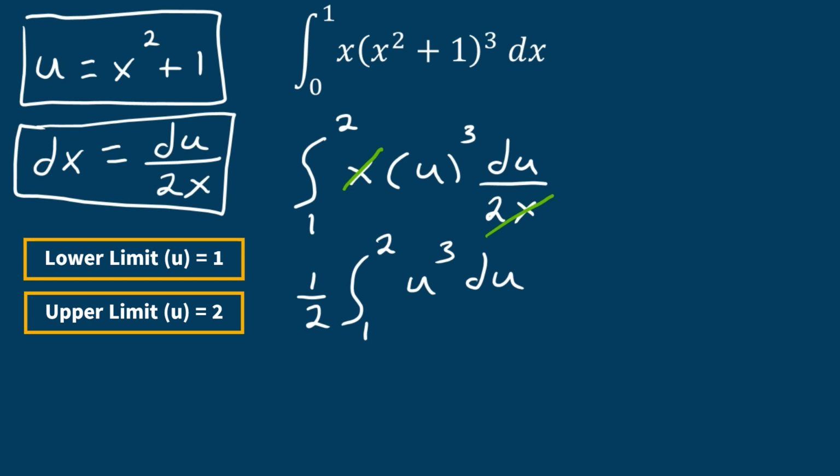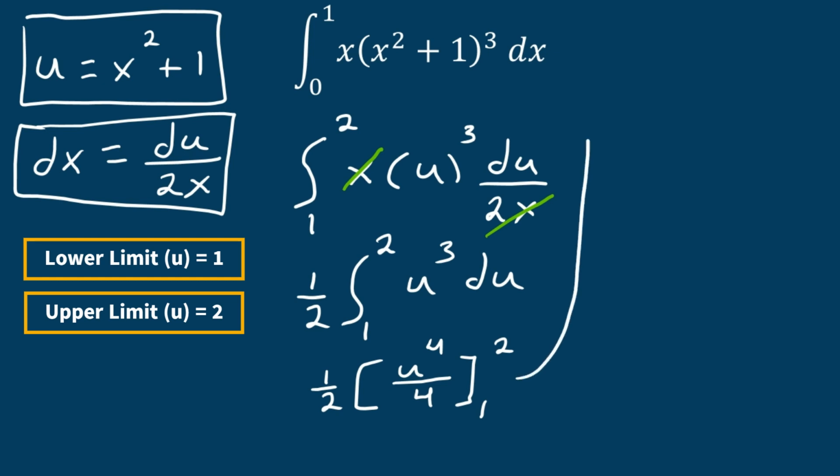Now this is in a form we know how to solve. Let's go ahead and take the integral of this. What we're going to get is 1/2 times the integral of u cubed, which is u to the 4th over 4, and our limits are 1 to 2. And you notice that we don't put a constant of integration. That's because we have a definite integral here. So let's go ahead and solve this.